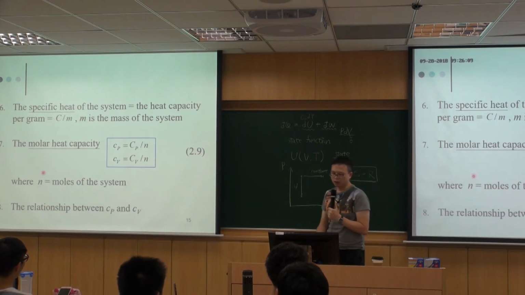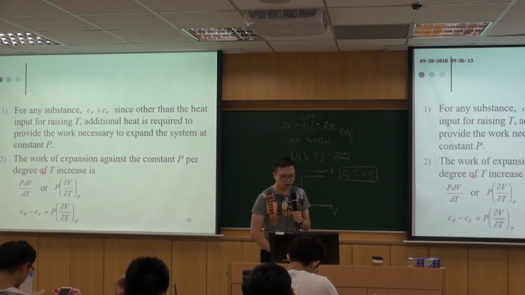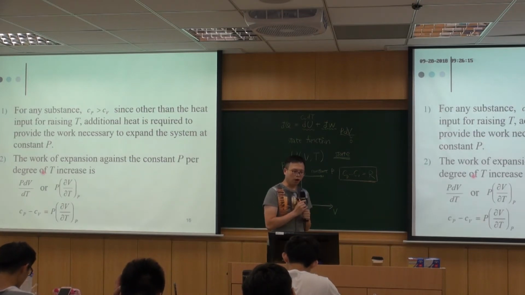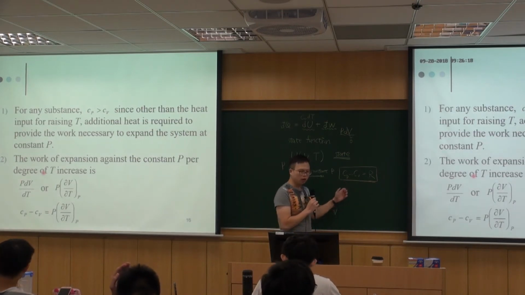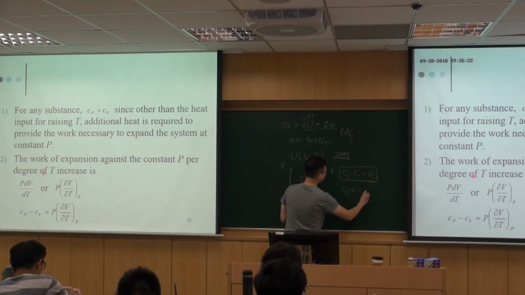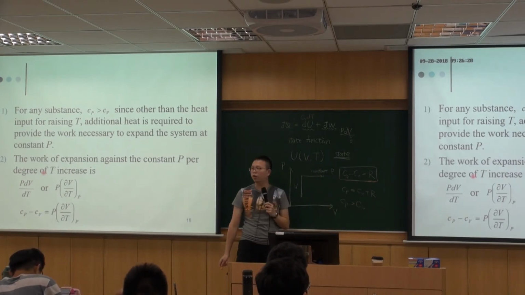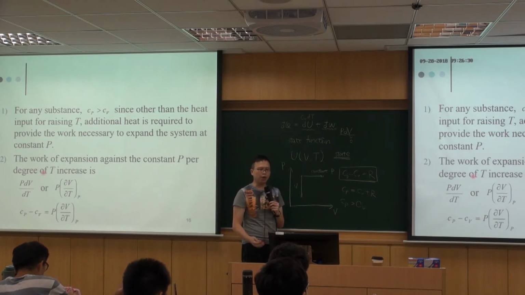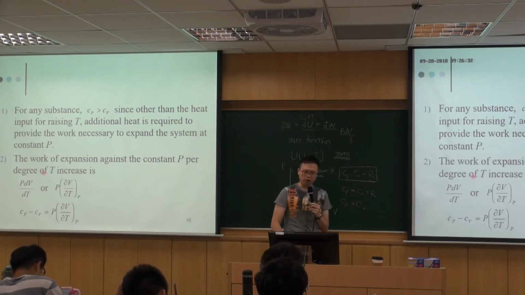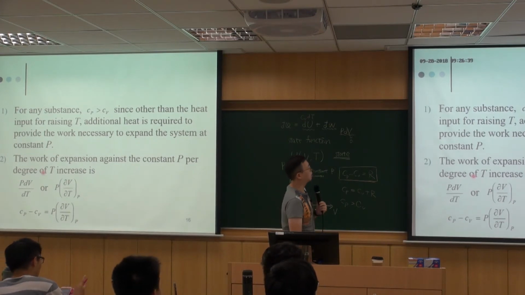It's just the gas constant R. And therefore, since Cp is Cv plus R, Cp is always greater than Cv. The constant pressure molar heat capacity is always greater than the constant volume heat capacity.